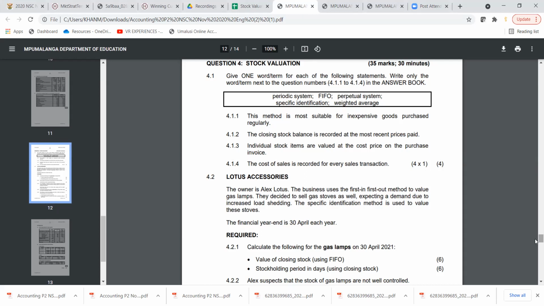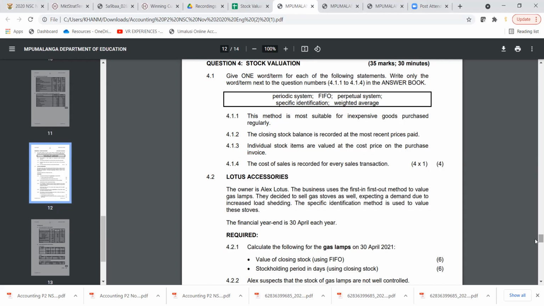When we sell, we don't impact the purchases account, the inventory account or cost of sales. Nothing happens to the movement of inventory. We only do the calculation at the end of the year.